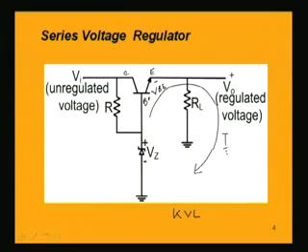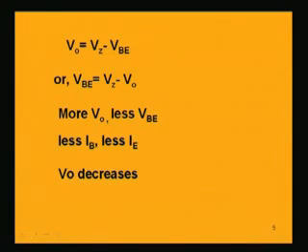In the output circuit, using Kirchhoff's voltage law, Vz minus VBE minus V naught equals 0, or Vz minus VBE equals V naught, or we can write VBE is equal to Vz minus V naught.